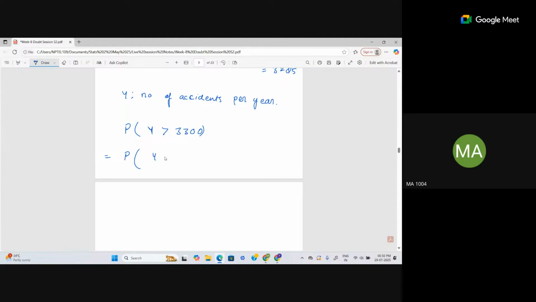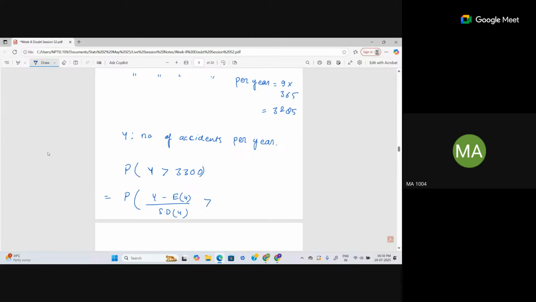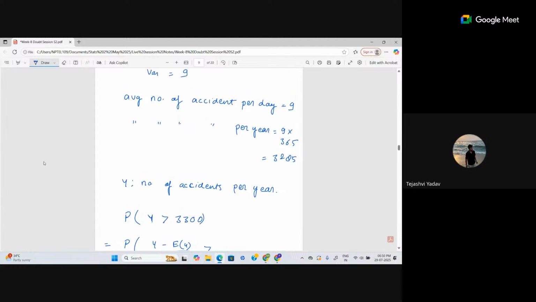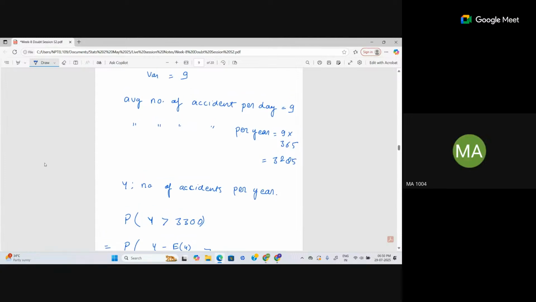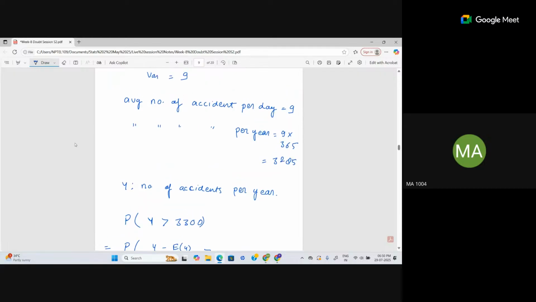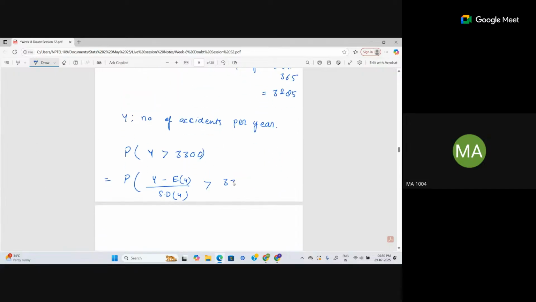Now the objective is to find the expectation, or the mean, of Y and the standard deviation of Y. Tell me what will be the mean of Y. It will be 3285, which we have calculated here. The average number of accidents per year is 9 into 365, which is 3285. So we have to subtract the mean, which is 3285.